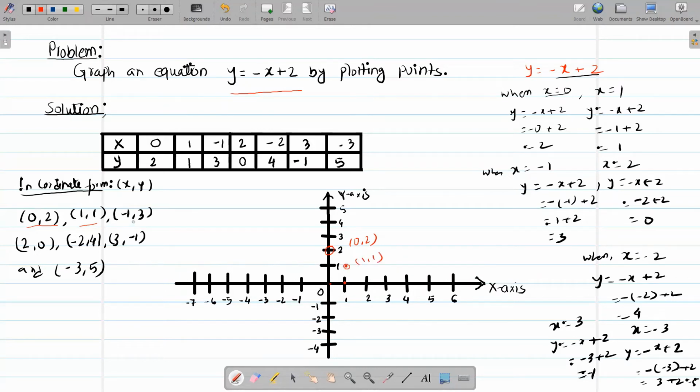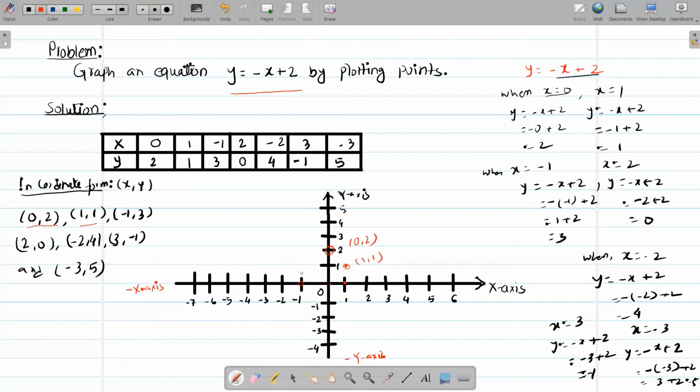Now let's see negative 1 and 3. Negative 1 means the x-axis is negative, which is this. You can say this is the negative x-axis, and this is the negative y-axis. So negative 1 on the x-axis is here, and 3 is 1, 2, 3.